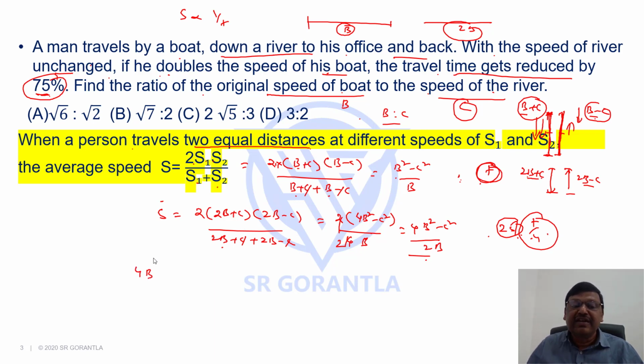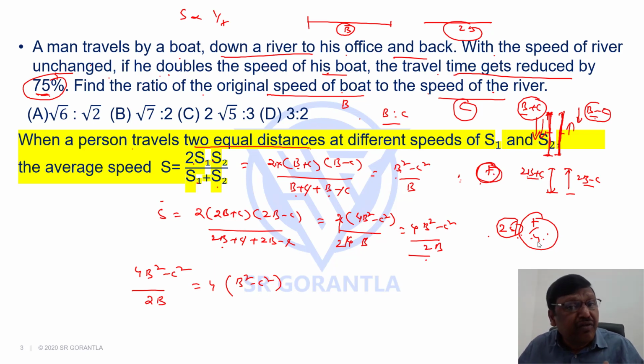So we can say the average speed in the second case is 4 times the average speed in the first case. The reason is, the time can become 1/4 only when the speed becomes 4 times. So 4 times the original speed b. You can see b gets cancelled.